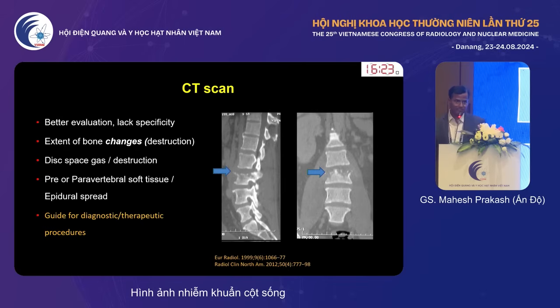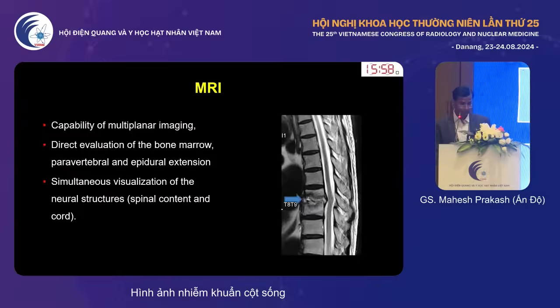If bone destruction is there, it can evaluate what kind of destruction it is. A large prevertebral collection can be identified. The most important role of CT is to guide diagnosis and therapeutics. If you want to do a biopsy or aspirate a collection, you can do these procedures under CT guidance.